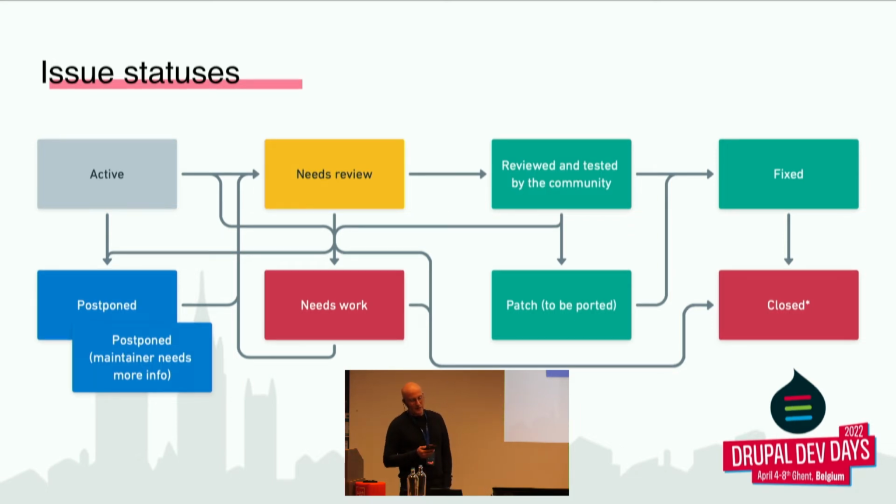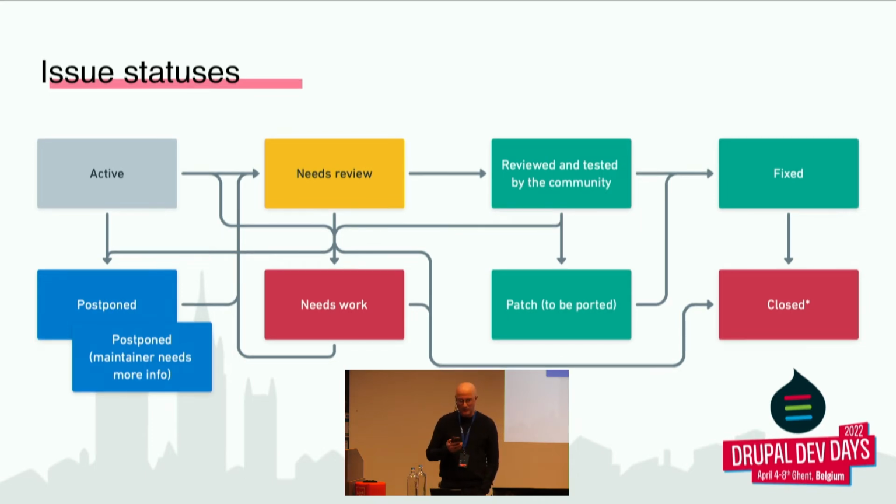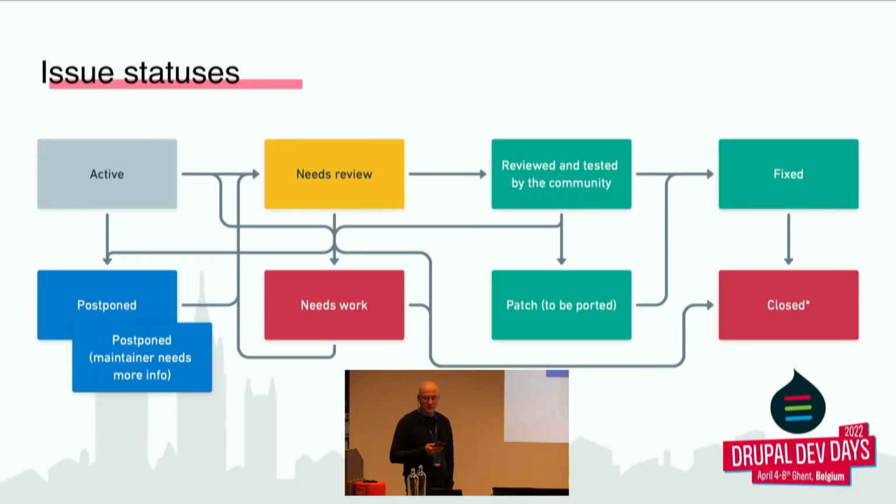And then when a maintainer comes along, they might finally set the status to fixed when it's merged. Not to closed, by the way, because fixed will get updated eventually after 2 weeks to closed by the system. The idea behind this is that fixed issues will still show up in the issue queue for some time.